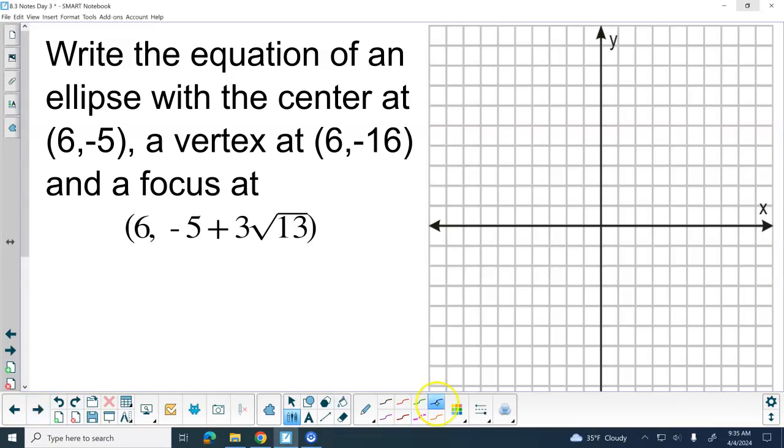So I got a center. It's at 6, negative 5, so that means 6 is my H, negative 5 is my K. I've got a vertex way out here. Okay? How far away is said vertex? 11?